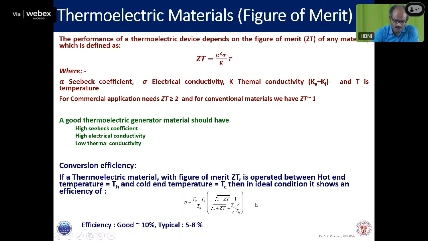A typical efficiency of thermoelectric generator is 5 to 8%. However, some good thermoelectric materials can give you about 10% efficiency also, but they are not commercialized yet.